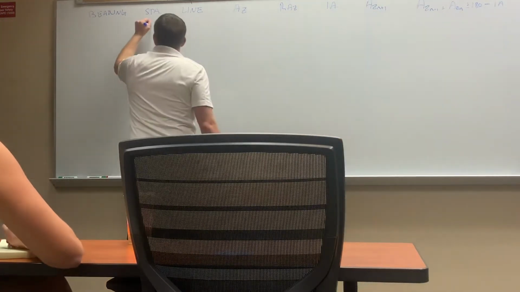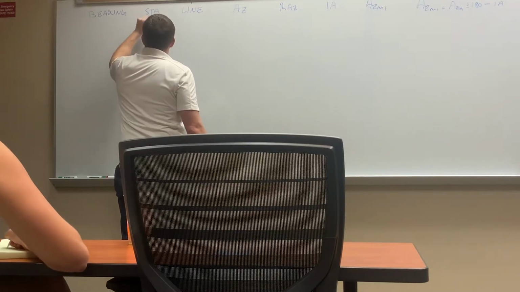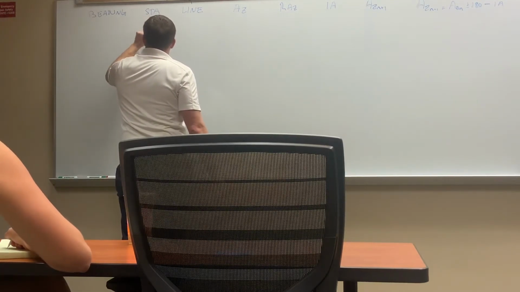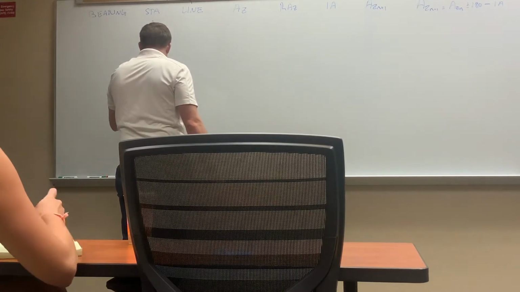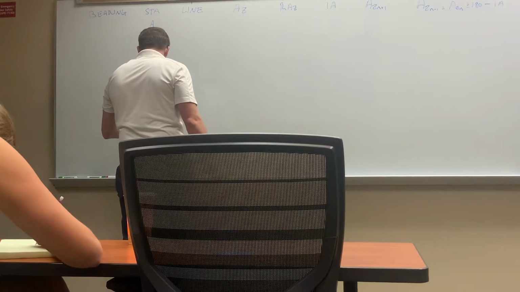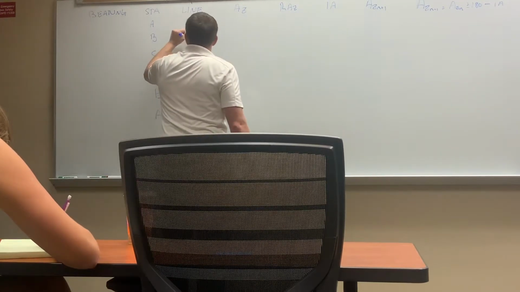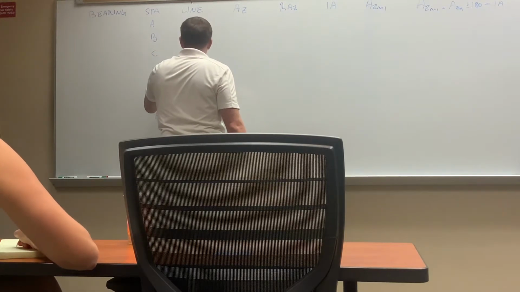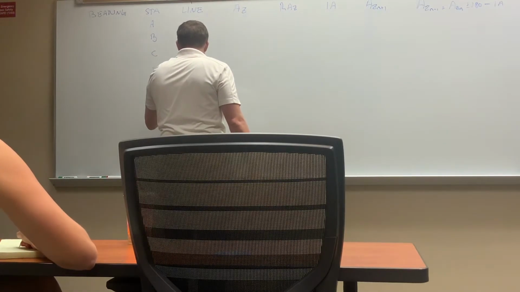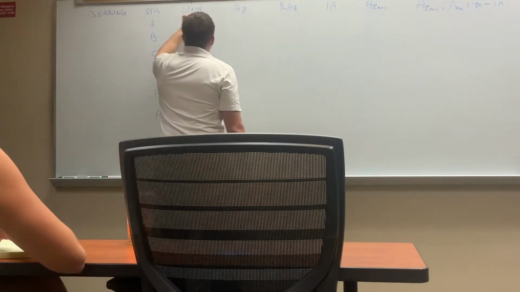We have station A, B, C, D, E, back to A, making line AB, BC, CD, DE, EA.